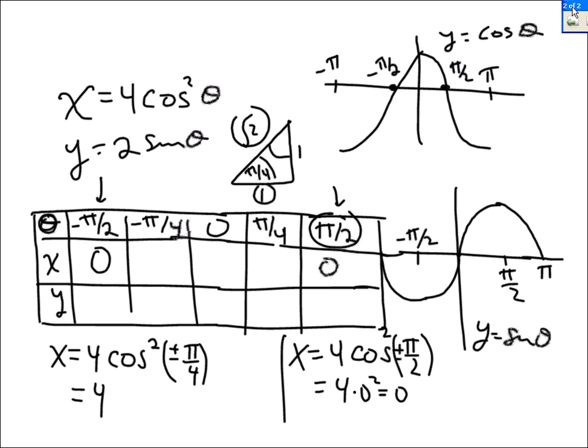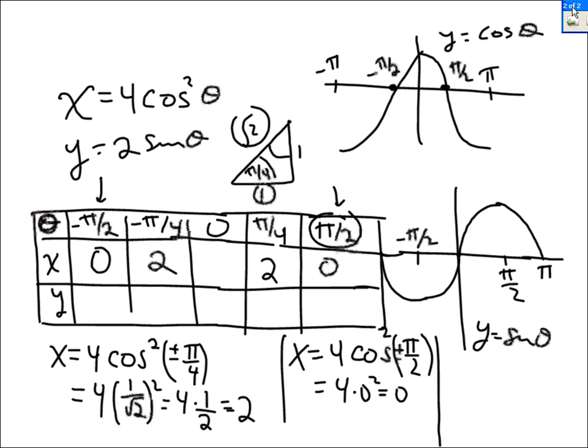Since I'm squaring it, I won't write 1 over square root of 2 as square root of 2 over 2. Because when you square 1 over square root of 2, you get 1 squared, which is 1, over square root of 2 squared, which is 2, and 4 times a half is 2. So x is 2 when theta is negative pi over 4 or positive pi over 4.